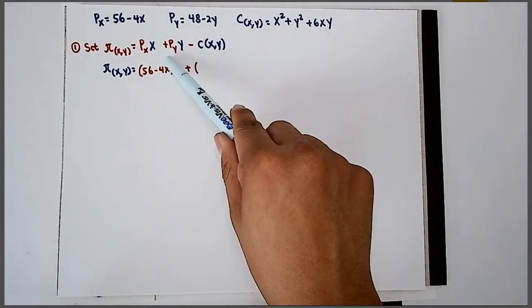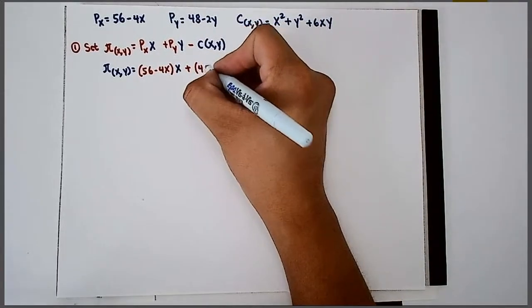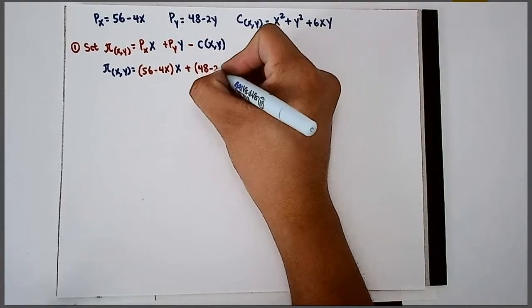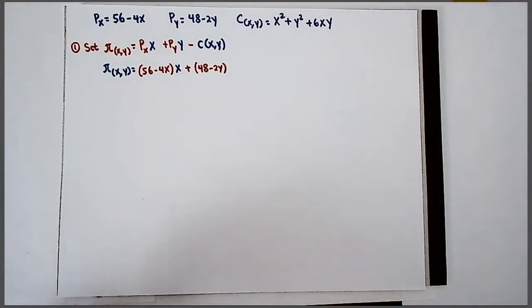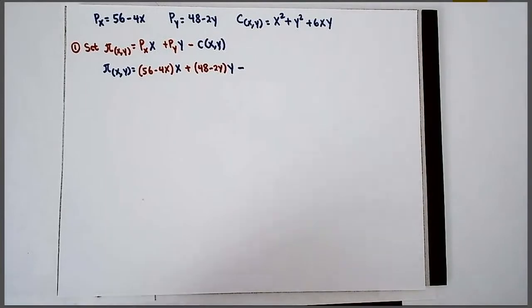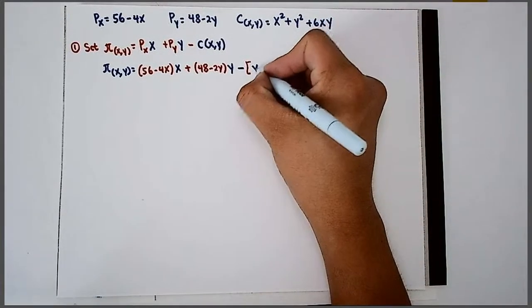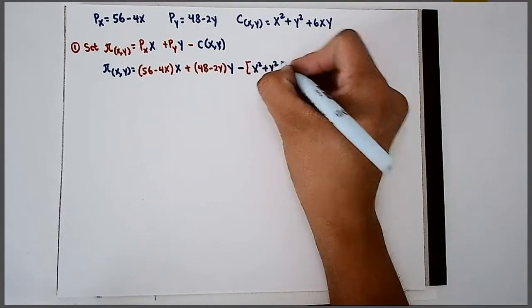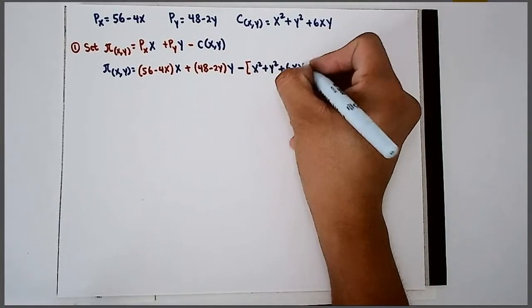We can do the same thing for the price of Y. Minus the cost of production, which was x squared plus y squared plus 6xy.